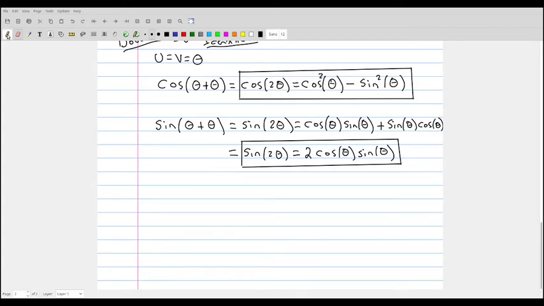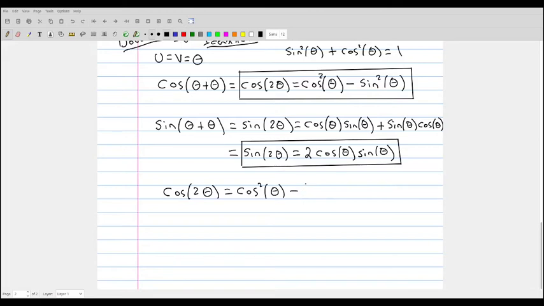Just before we solve for cosine squared, let's simplify this a little bit more. We take the first form, that cosine of 2 theta is equal to cosine squared of theta minus sine squared of theta. And you'll recall that from our most fundamental trig identity, sine squared of theta plus cosine squared of theta is equal to 1, saying that the radius of the unit circle is equal to 1.